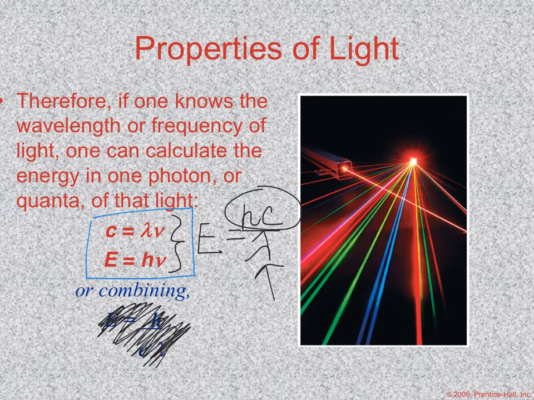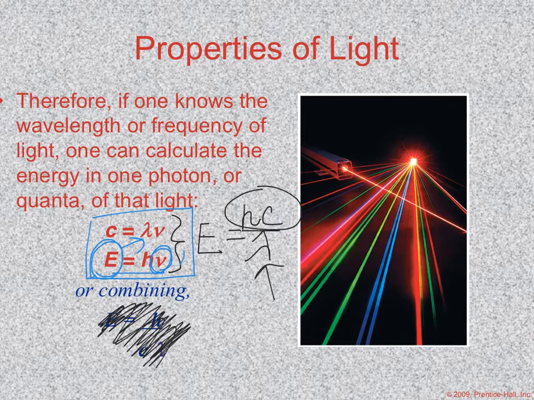Now, let's imagine that you were given a problem that gave you energy and they asked for a wavelength. How are you going to figure that out? Well, you could either use both of these equations. You could use the energy equation to first solve for frequency.